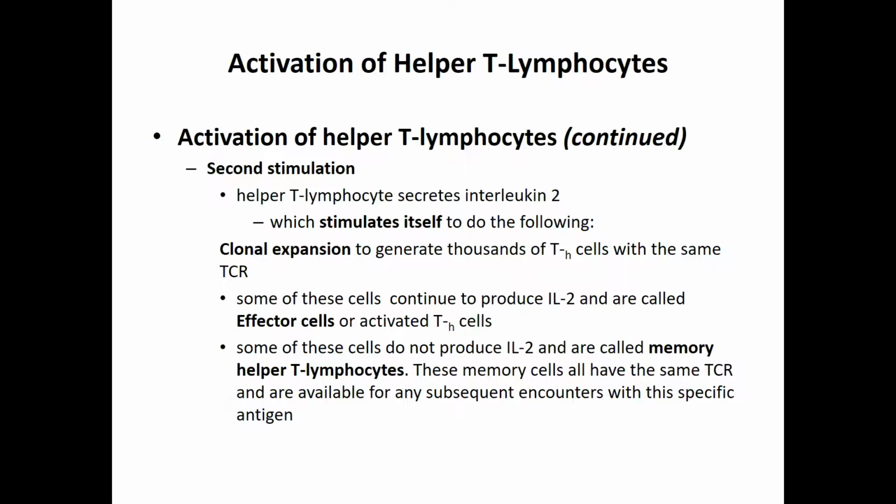B cells are also going to be able to recognize this foreign antigen. They're also going to stimulate cells of the innate immunity, so macrophages, natural killer cells, and other leukocytes. So the general effect of the helper T cell effector cells is to enhance the immune response in general.